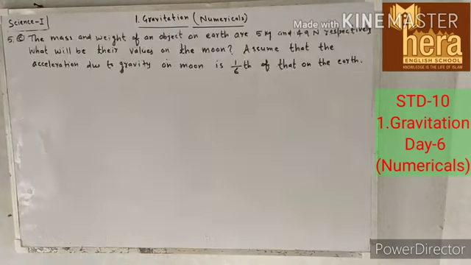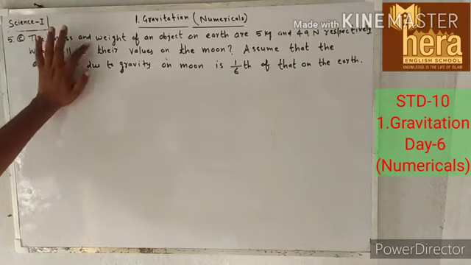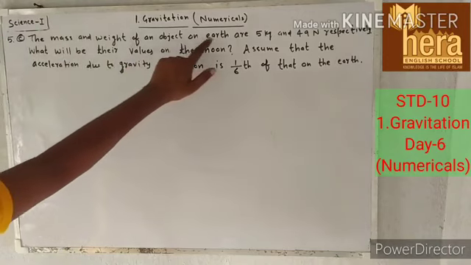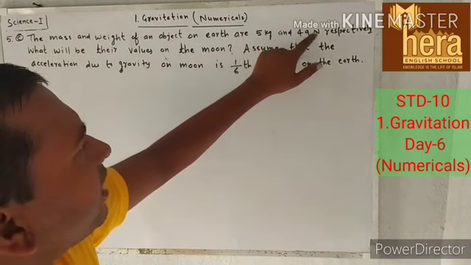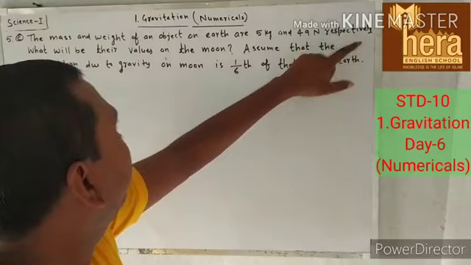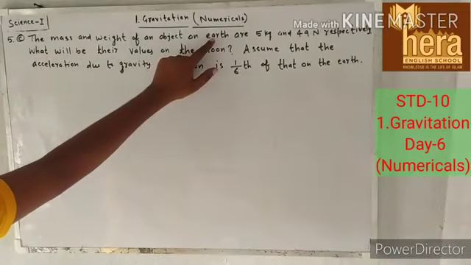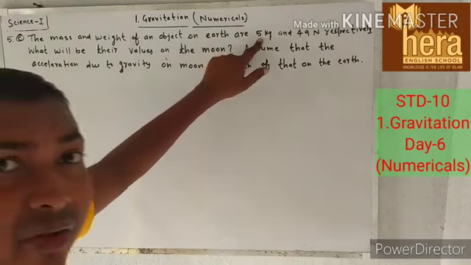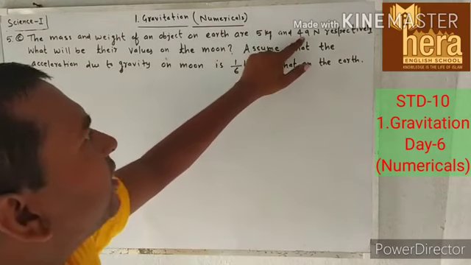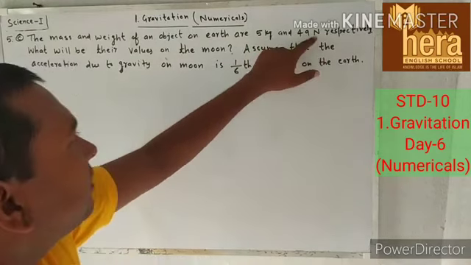See, first of all read the question. The mass and weight of an object on earth are 5 kilogram and 49 Newton respectively. It means on earth's surface the mass of an object is 5 kilogram and the weight of the object is 49 Newton.